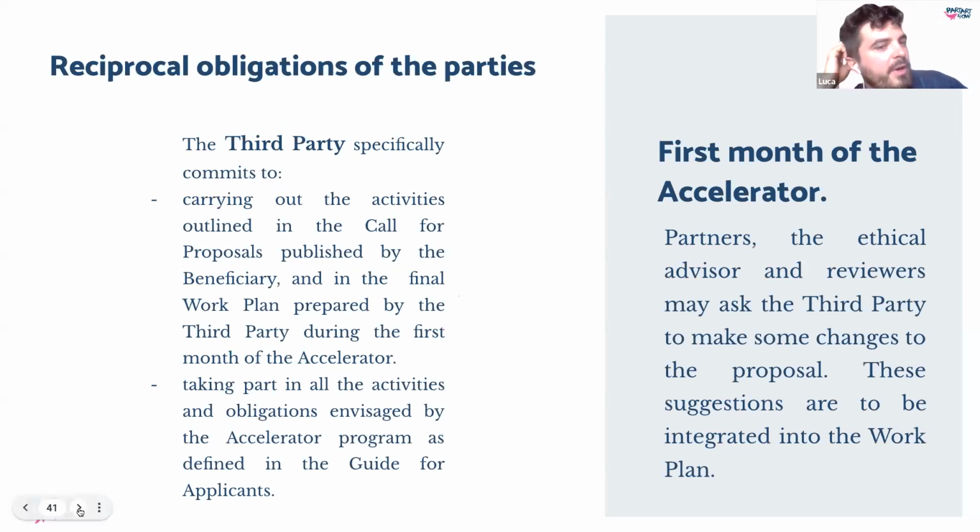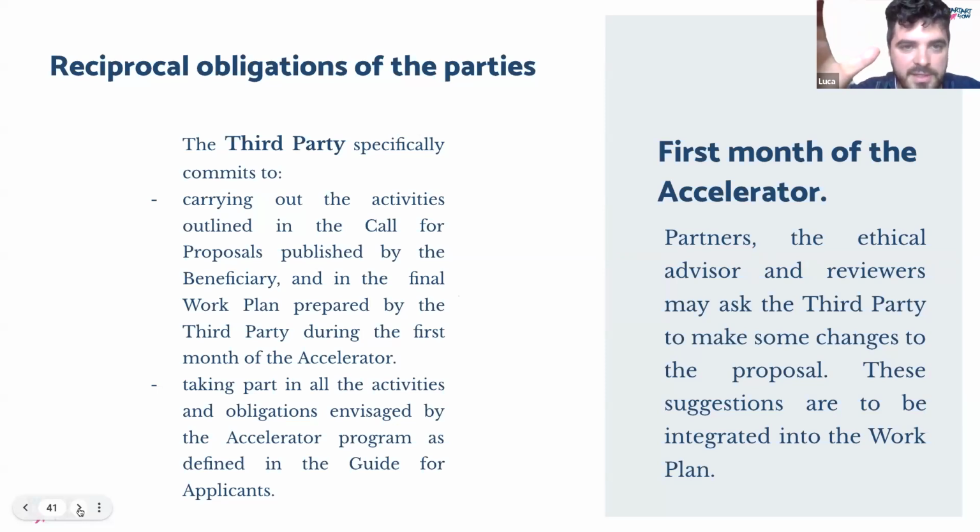In signing the contract, the third party specifically commits to carry out the activities outlined in the call for proposal, according with the challenges and all the other things the colleagues already talked about. And in the final work plan, you will prepare in the first month of the accelerator. This is very important because after the negotiation phase, after the evaluation, if you win, your proposal will go through the ethical advisor for an ethical review.